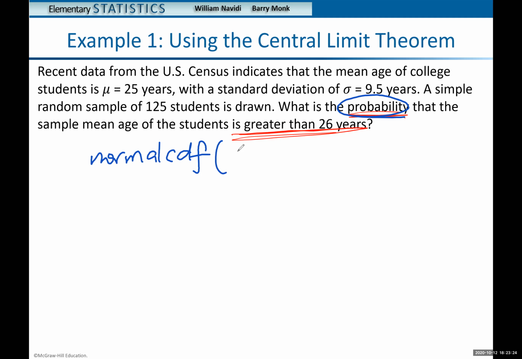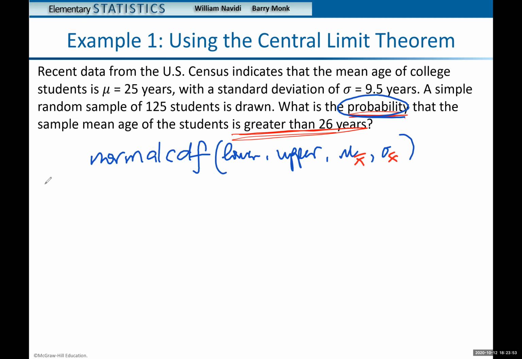And when you use normal CDF, you always have lower, upper, mean, and standard deviation, right? And for the central limit theorem, the mean is the mean of all the means, and the standard deviation is the standard deviation of all the means.